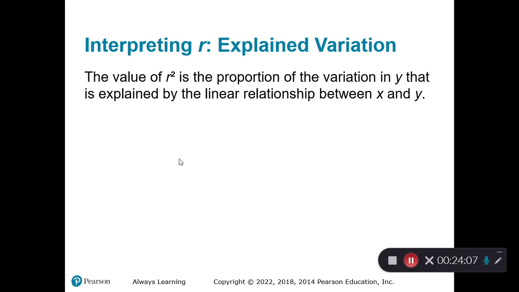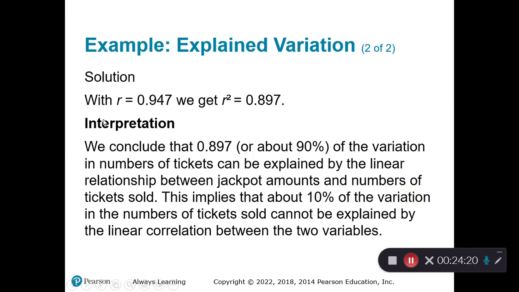Coefficient of variation is R squared, and it explains a little bit more about what the linear relationship between X and Y can be attributed to. So with our example where R was 0.947, we find that R squared is 0.897, and here's how we interpret that number.